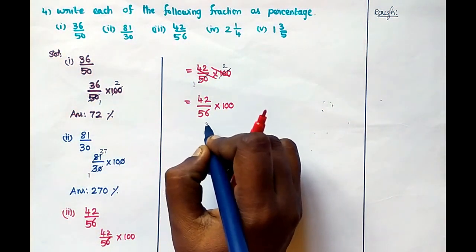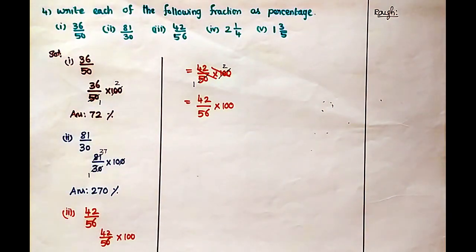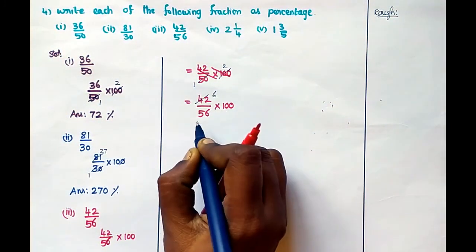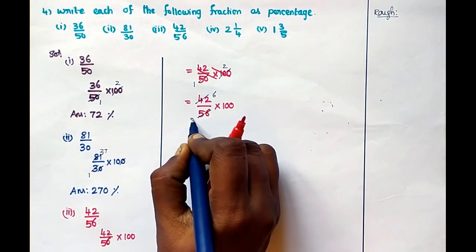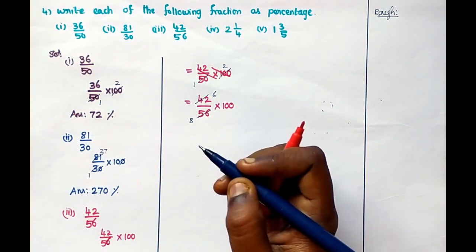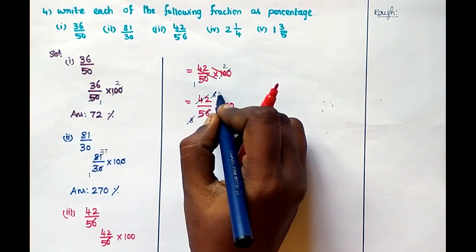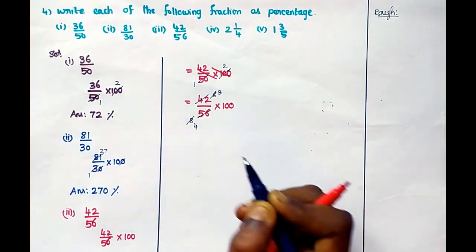Now listen. Both the numbers are divisible by 7. 6 sevens are 42. 8 sevens are 56. Again cancel by 2 table. 3 2s are 6. 4 2s are 8.